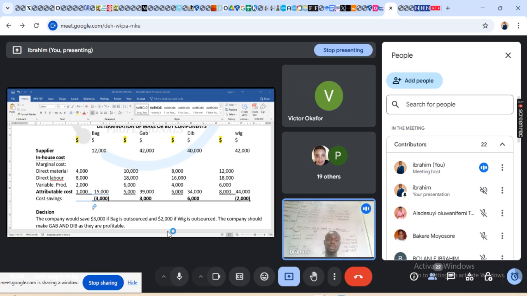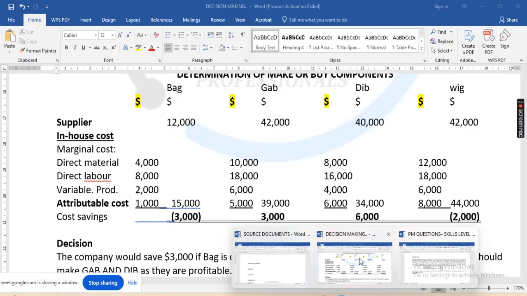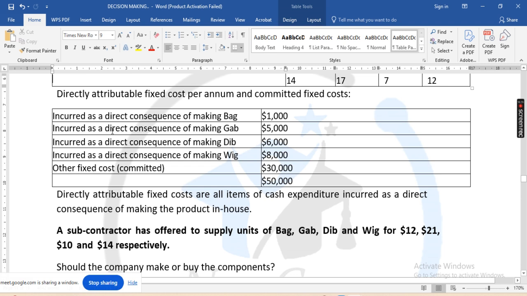That is a very good question. Check back from the breakdown given to us in this question. Look at it: incurred as a direct consequence of making.